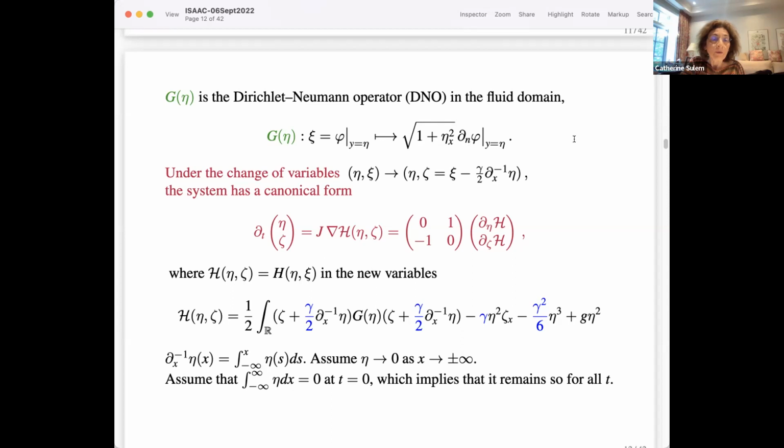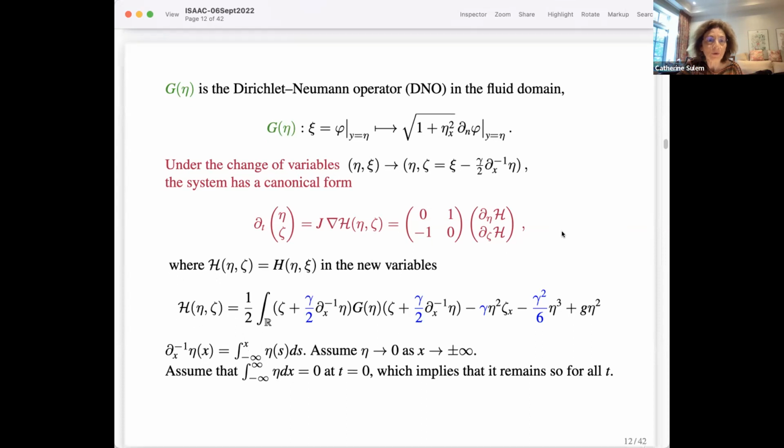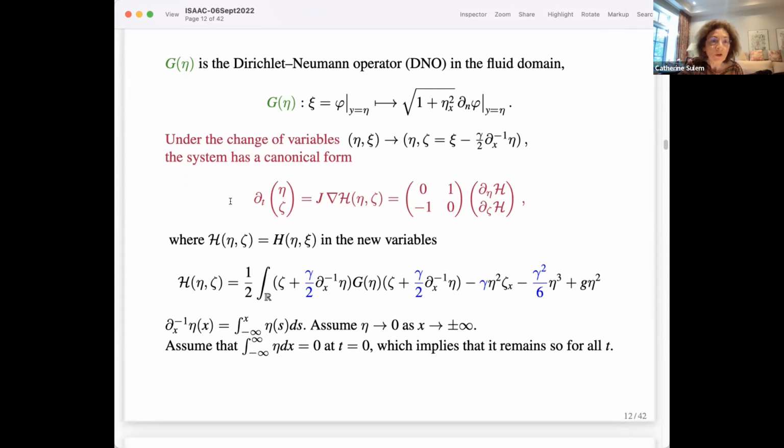Now, moreover, it was observed in the paper of Wahlén that under a change of variable, eta doesn't change, and xi is replaced by zeta defined as follows here. This Hamiltonian system has a canonical form, which is written here in red.